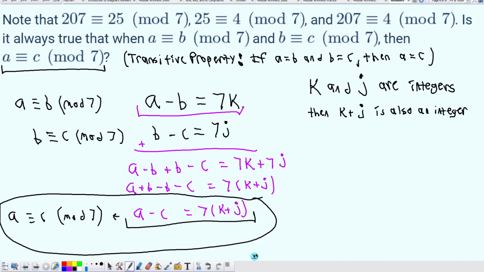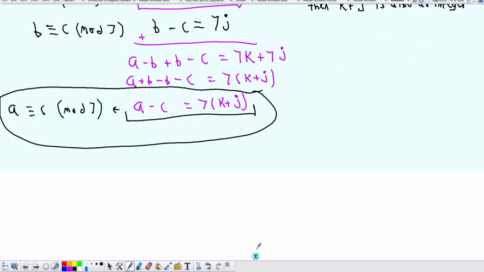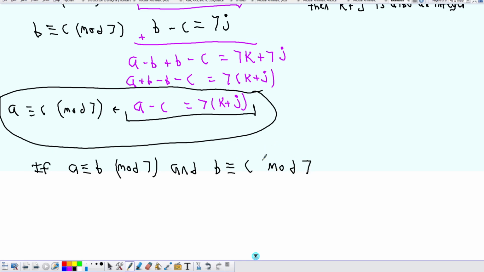We have established the transitive property under modular arithmetic. If A is congruent to B mod 7 and B is congruent to C mod 7, then A is congruent to C mod 7 as well. You've just shown that.